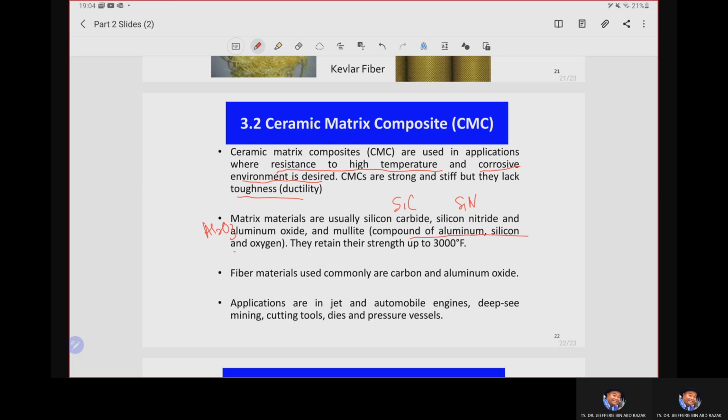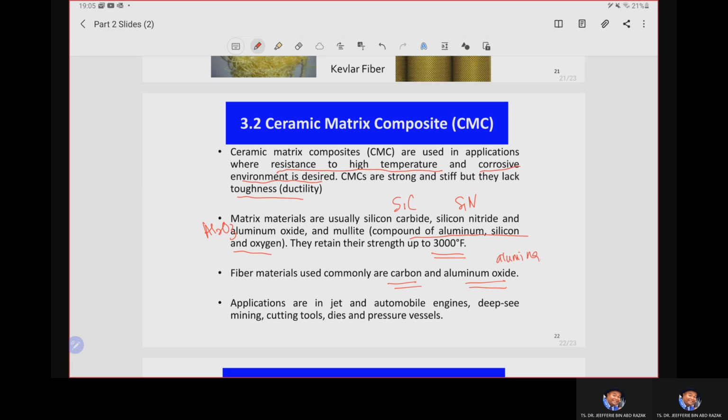All these CMC matrices could retain strength up to 3000 degrees Fahrenheit, very high temperature. The fiber materials we normally add to ceramic matrix composite for CMC fabrication are commonly carbon and aluminium oxide, alumina fibers.